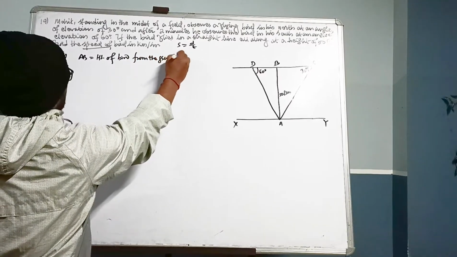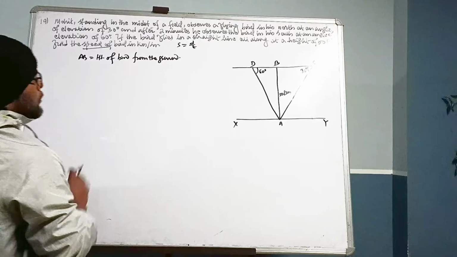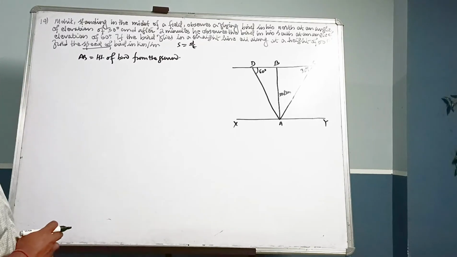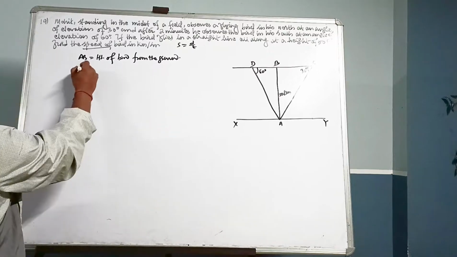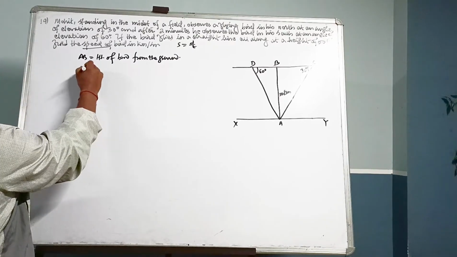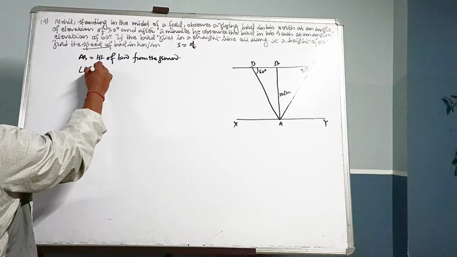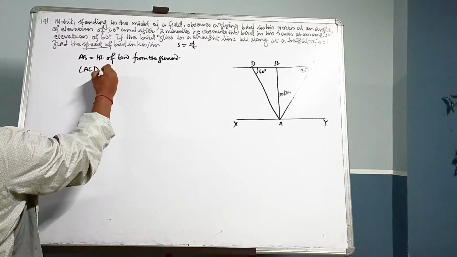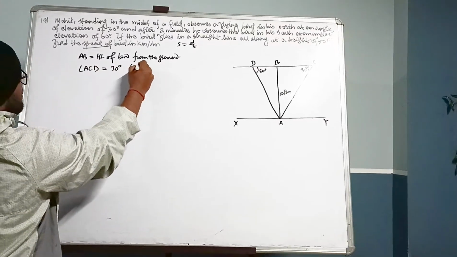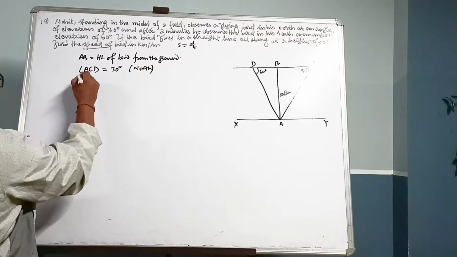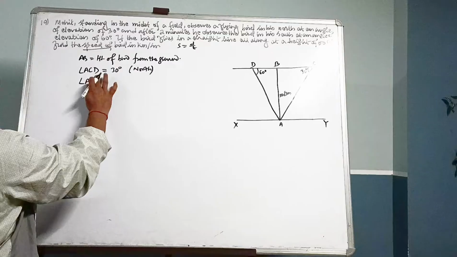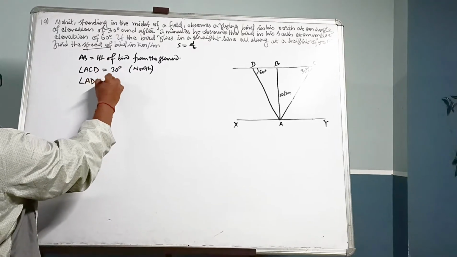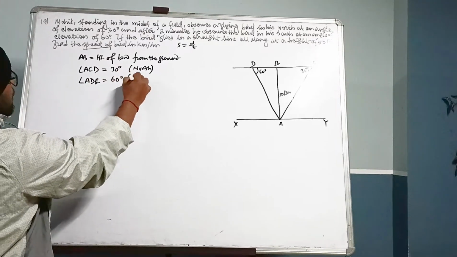Your field, whatever you want to write it. Okay, so and he observes the bird at an angle of elevation, angle ACD equals to 30 degree to his north, and angle ADC equals to 60 degree in the south.